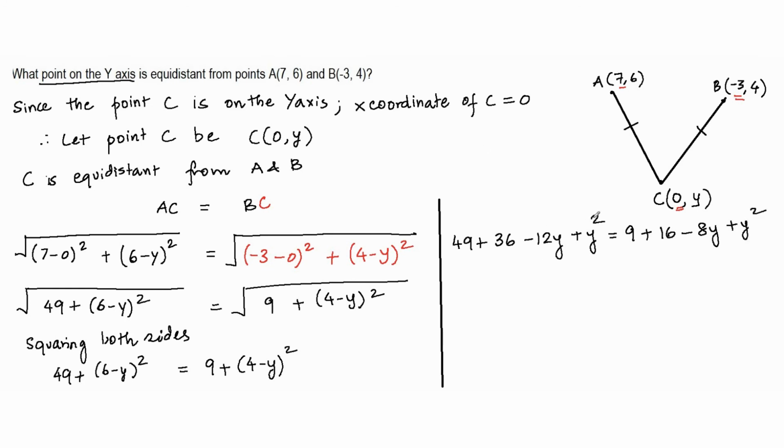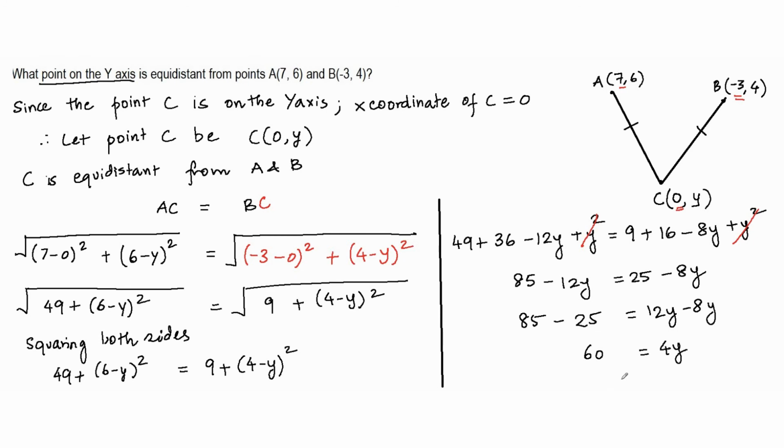Now y square and y square cancel, and therefore I get 49 plus 36 becomes 85 minus 12y is equal to 9 plus 16 is 25 minus 8y. Combining the like terms on the same side, 85 minus 25 becomes 12y minus 8y, which means 60 is equal to 4y.